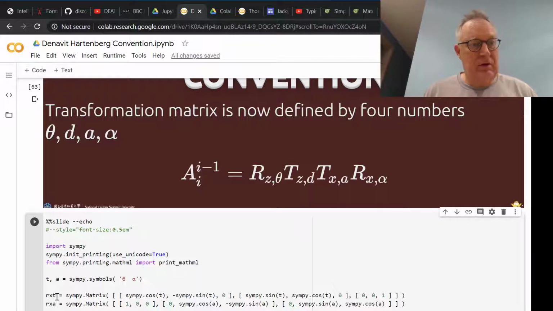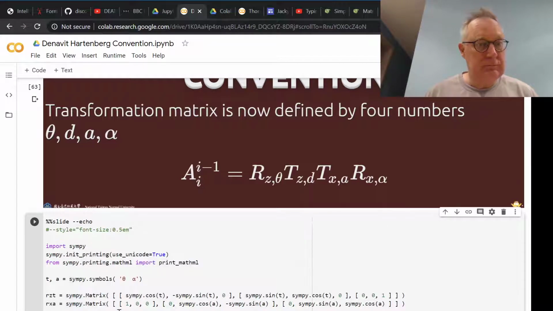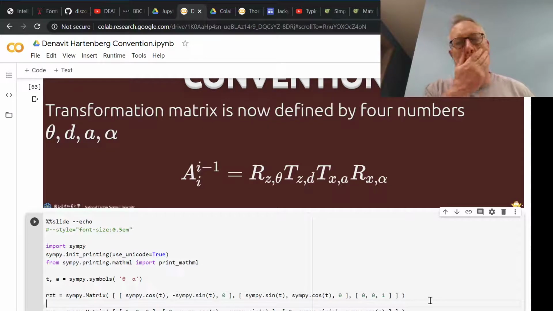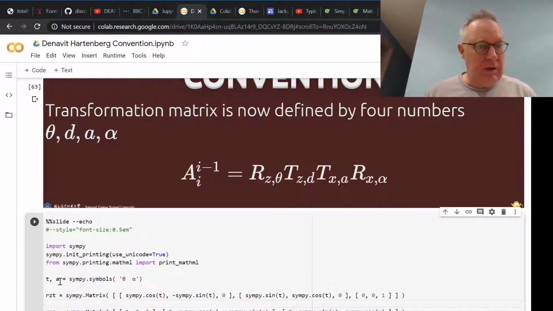I now just need to define all the transformation matrices. So RZT is rotation along z by angle theta. I also have some more variables.